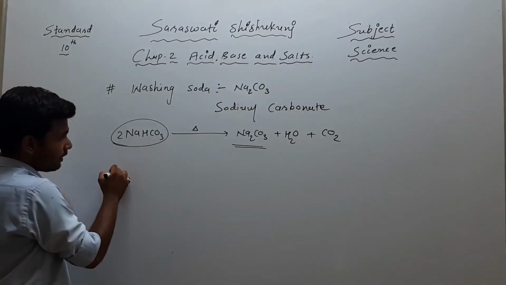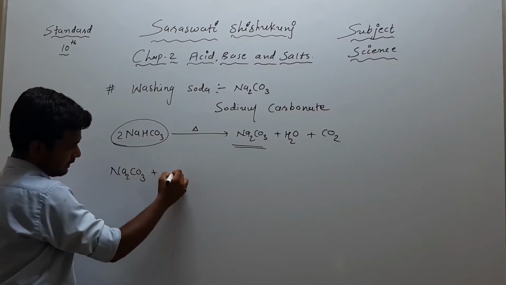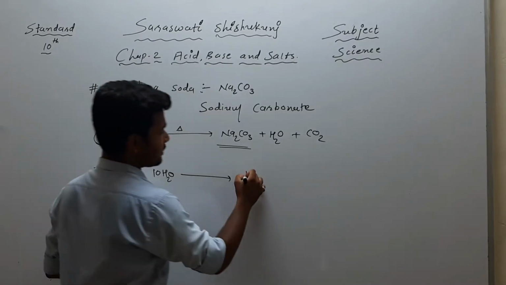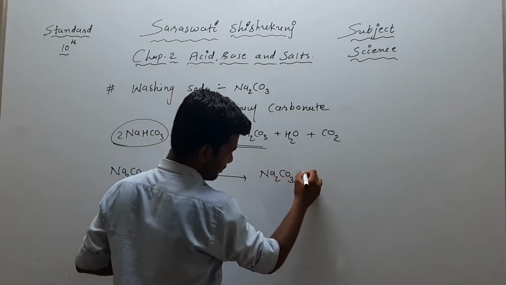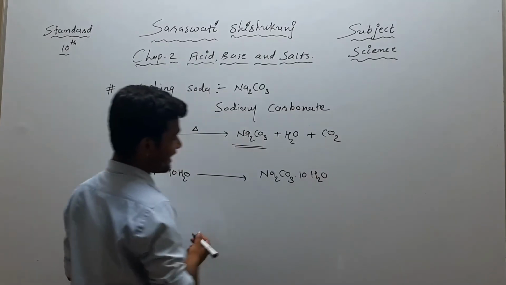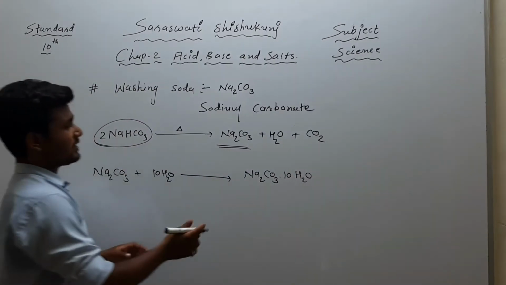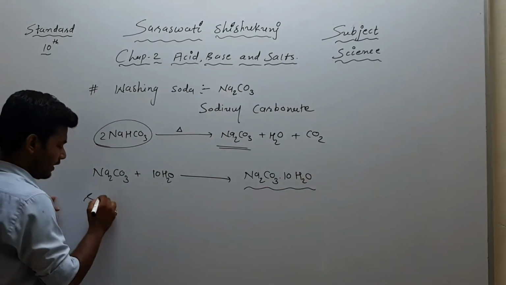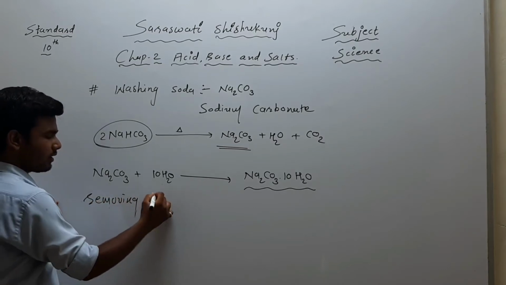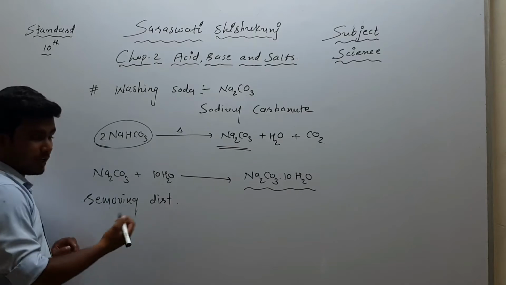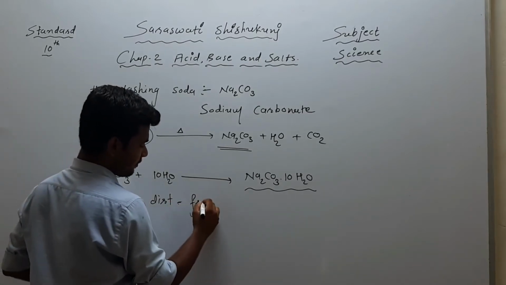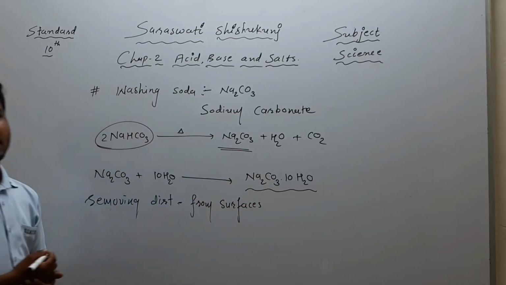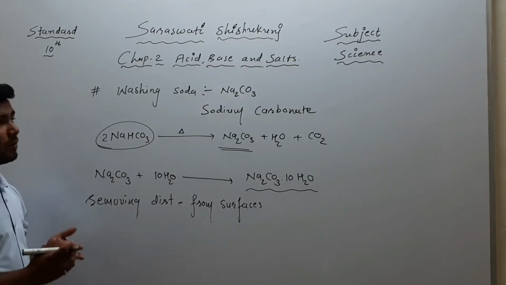This sodium carbonate, if it reacts with water, gives Na2CO3 into 10H2O, that is a recrystallization of sodium carbonate, which is washing soda. Now why is it called washing soda? Because it is used in removing dirt from the clothes and from surfaces, so that's why it is also called washing soda.